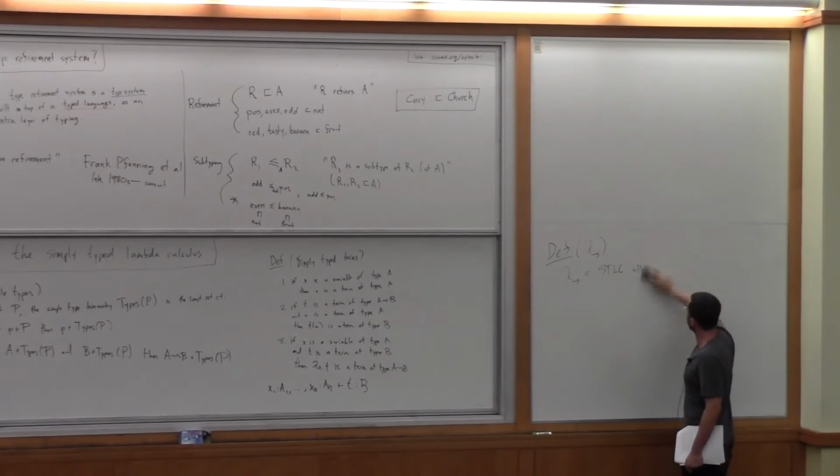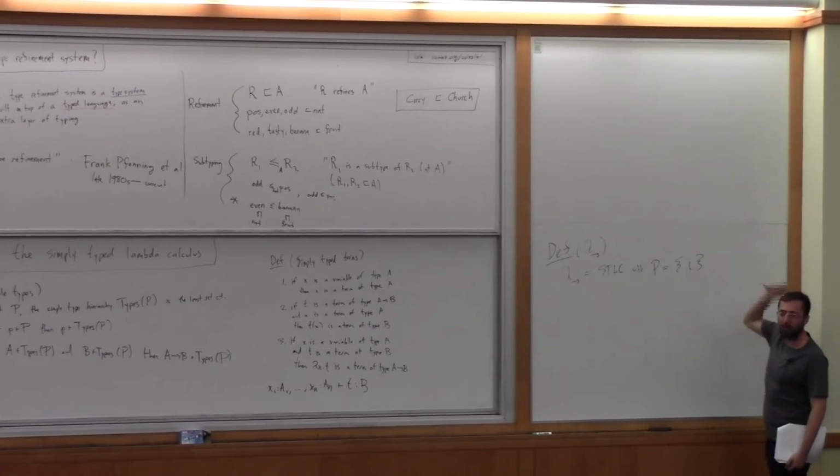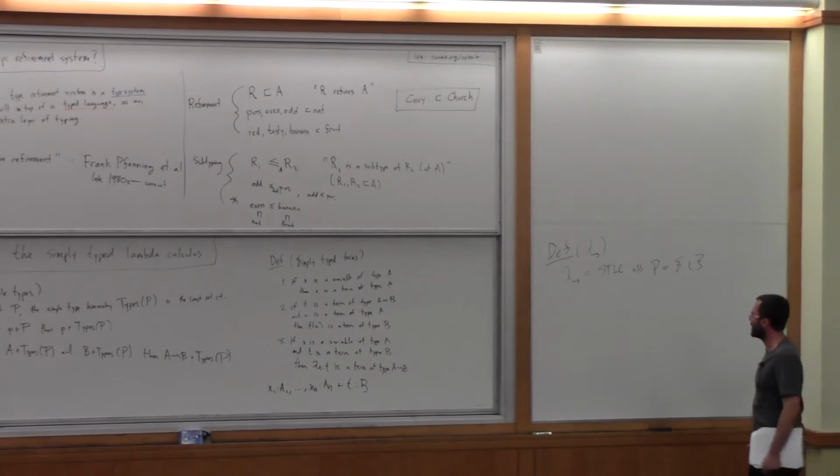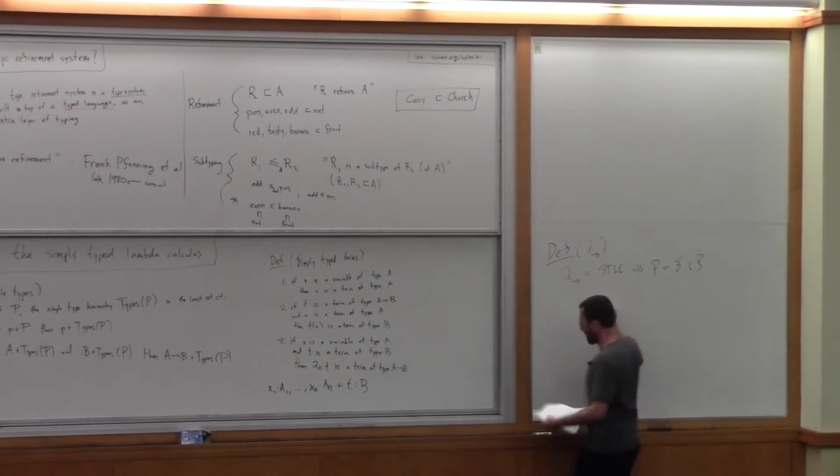So the hierarchy of types are just the types generated from a single atom, which is called iota. So this is a simply typed lambda calculus. Some examples.